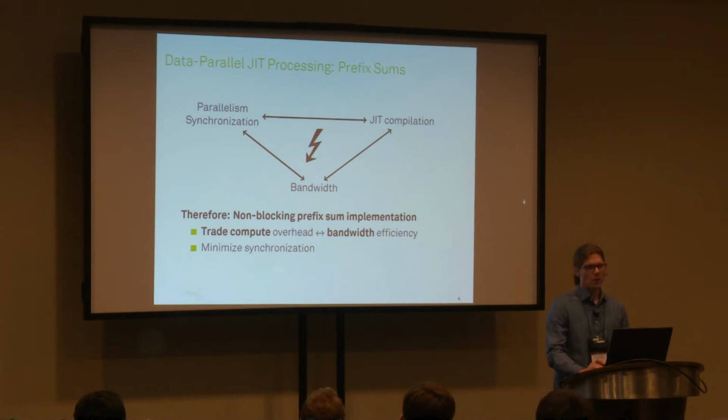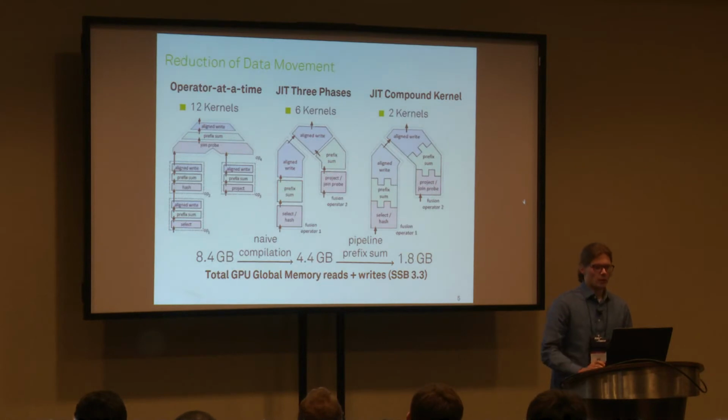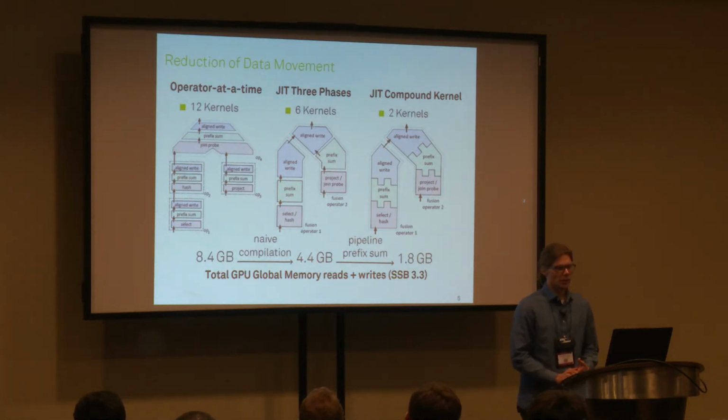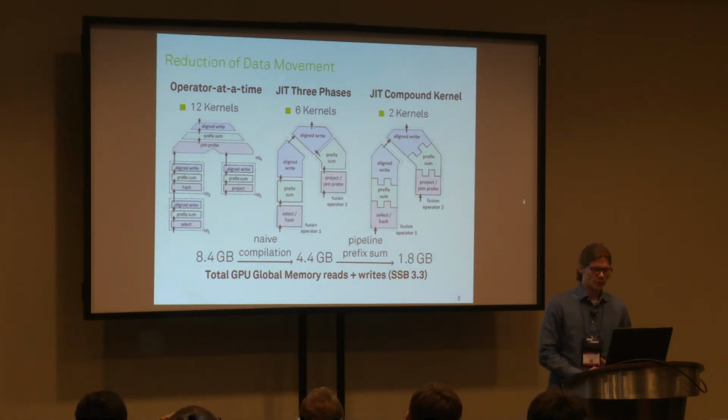In this way, we minimize the synchronization, so we don't globally synchronize whenever possible. We skip global synchronization. Let's have a look at the effect, what happens when we apply this.